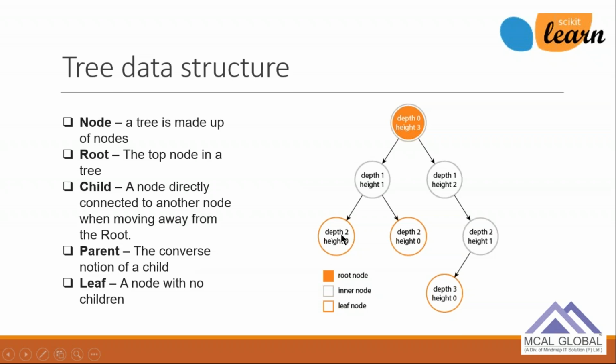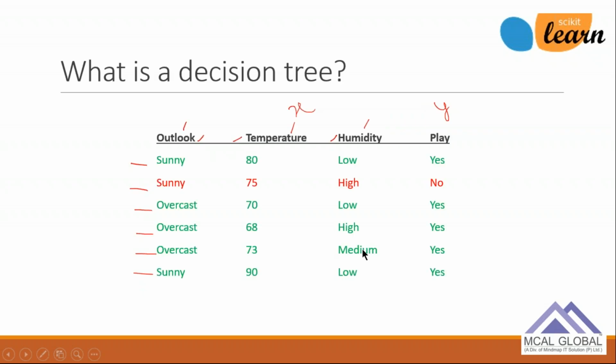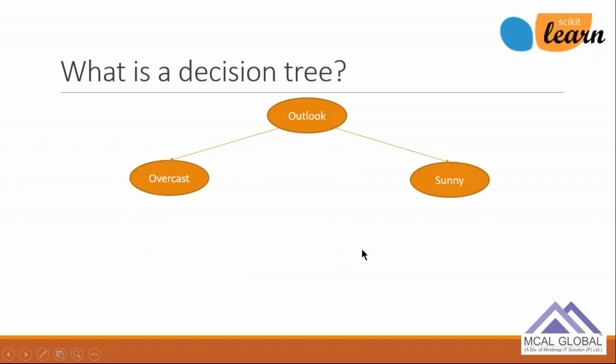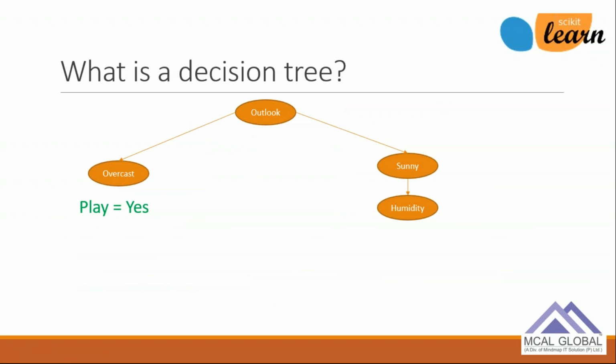If this is the child, this is the parent. And a leaf is a node with no children. So this particular node doesn't have any children under it, so it is called a leaf. I think we have already seen these examples, no need to go in depth on that.